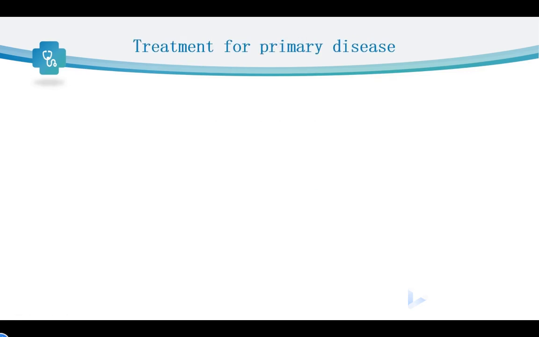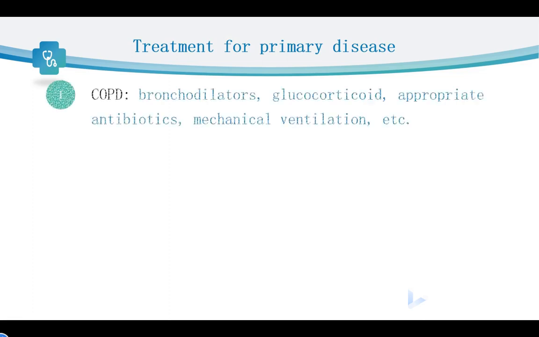Firstly, let's look at part 1, treatment for the primary disease. For COPD, we can provide bronchodilators, glucocorticoids, and other drug therapy for this patient to control the primary disease.